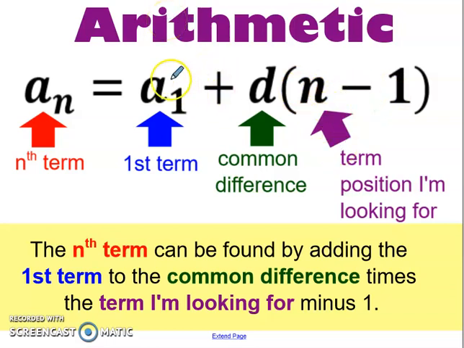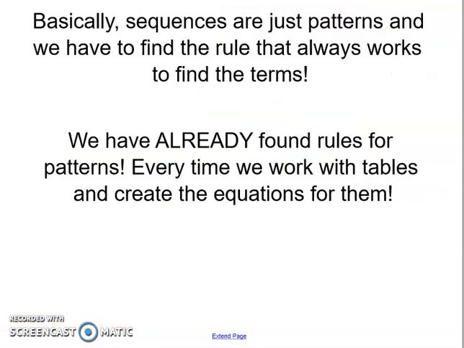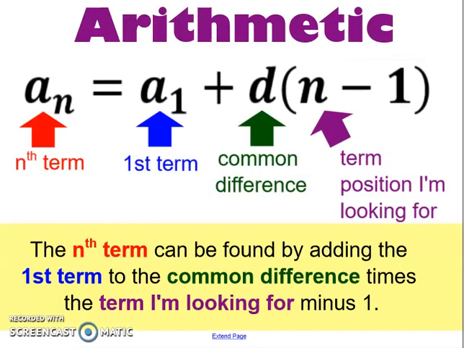So look, this is not anything new. Sequences are just like patterns we've been finding with tables. So we're finding the rule that works. This is very much like y equals mx plus b: this would be our pattern m, so slope, times our term x, plus the additional amount b.